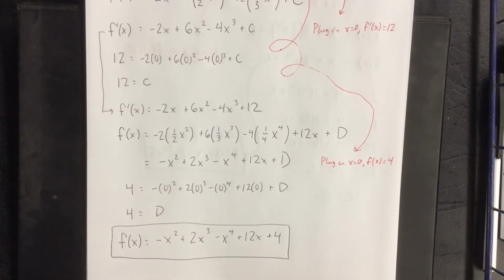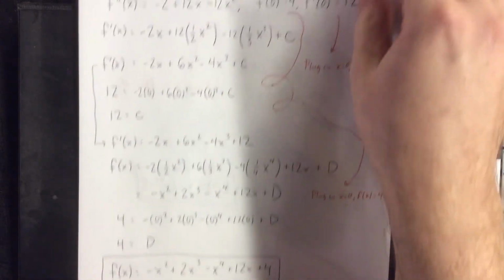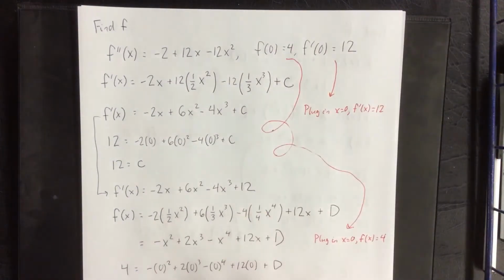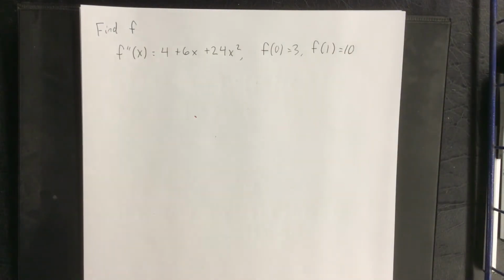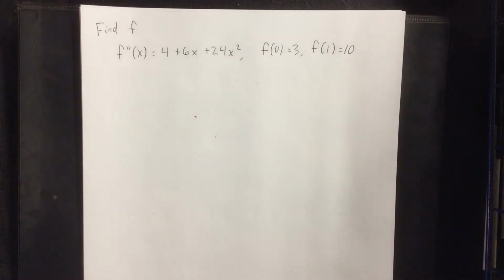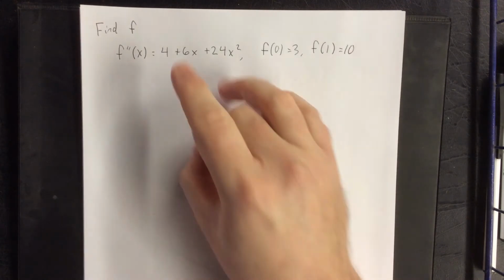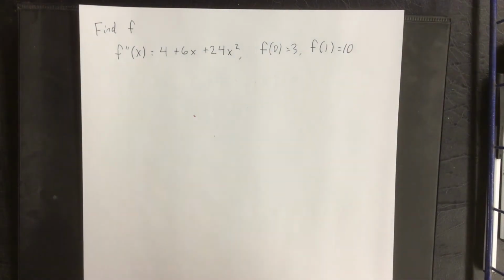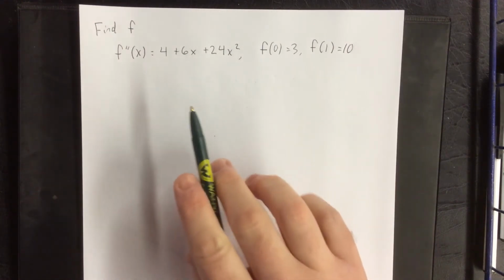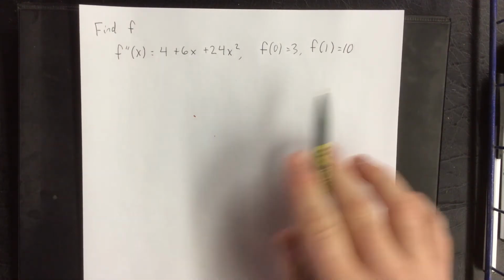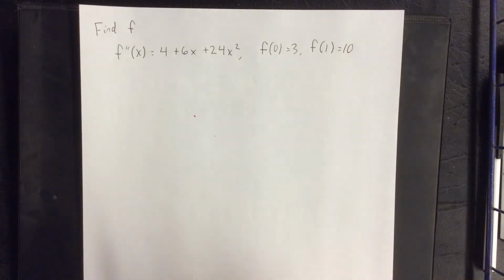Now there is one other variety of problem that we should probably talk about, and that is when the initial conditions that are given to you, excuse me, are not for the first derivative and the original function, rather they are both for the original function. This strategy is going to be a little bit different because we won't be pausing after the first derivative to plug anything in because we have nothing to plug in.